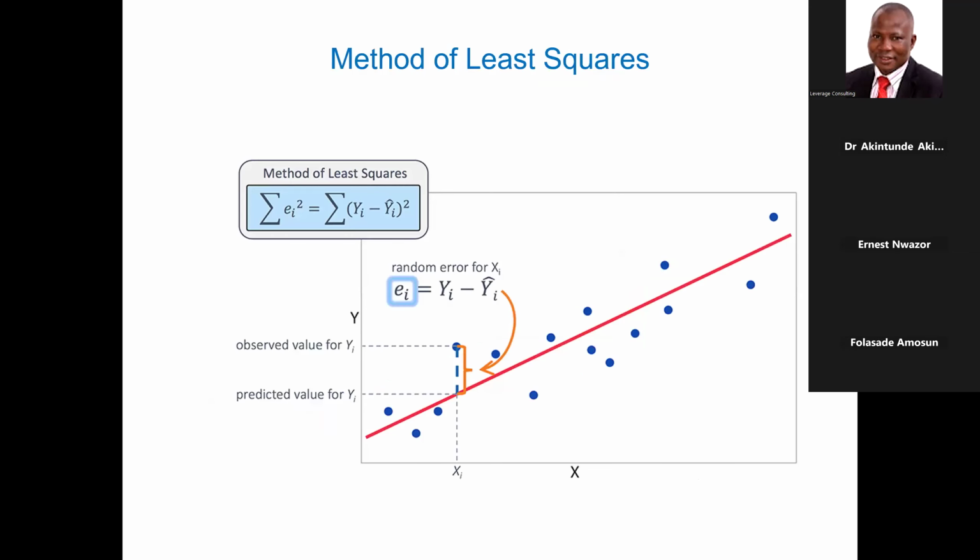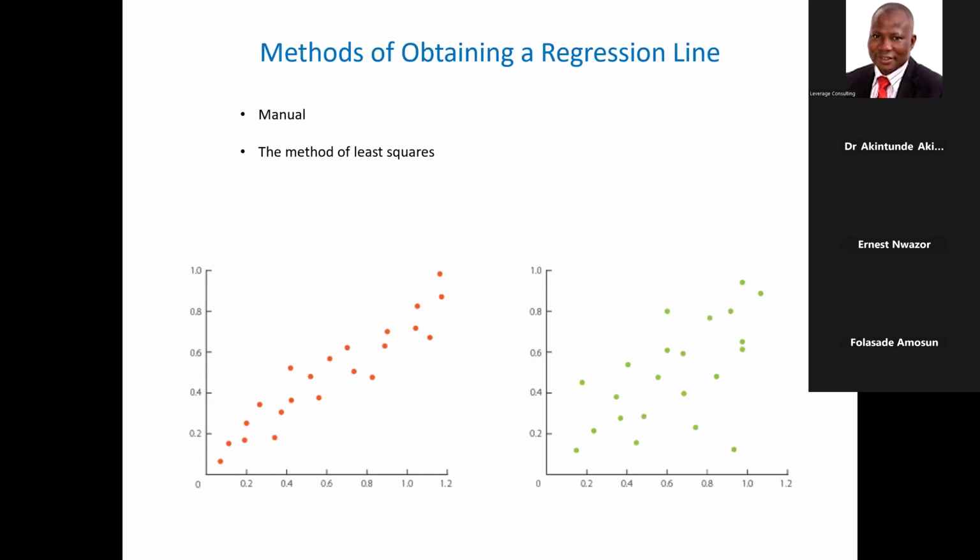When you square each of the distances, it gives you the one with the smallest sum. Now, you can do it by hand, but computers have made it easy for us. The computer will draw the line for us and give you the line of best fit through the least square method, the method of least squares.